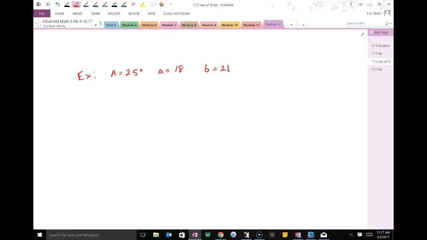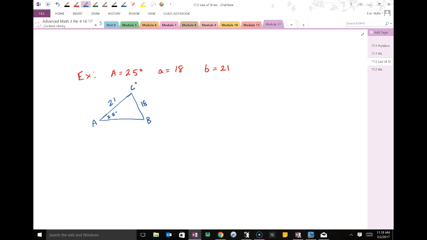So the first thing I'm going to do is draw a picture of a triangle. Here is my 25-degree angle, that's my A. If this is B, that's going to have a length of 21. And then this is going to be 18. We'll call this third side C. Sound good?